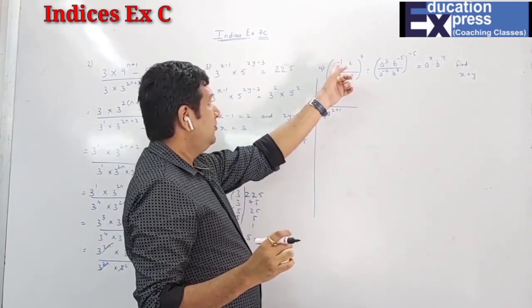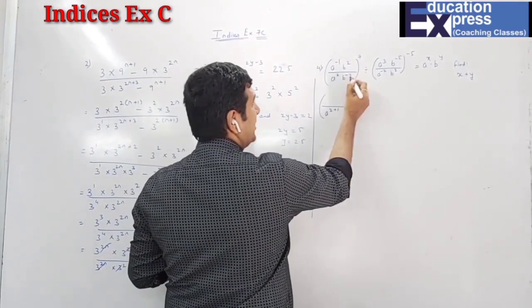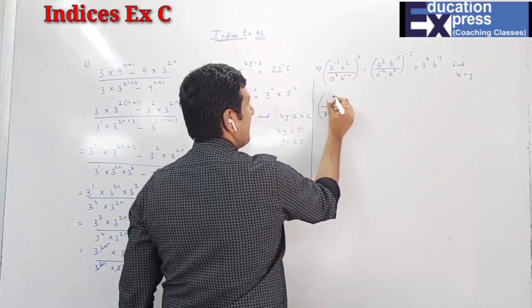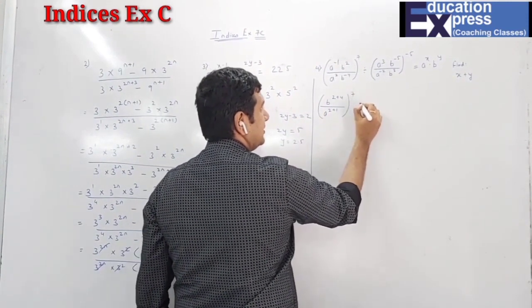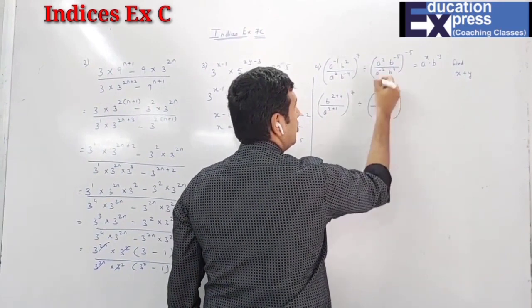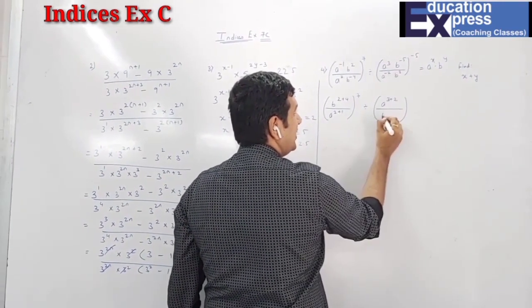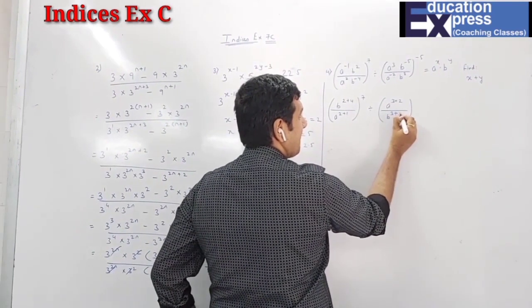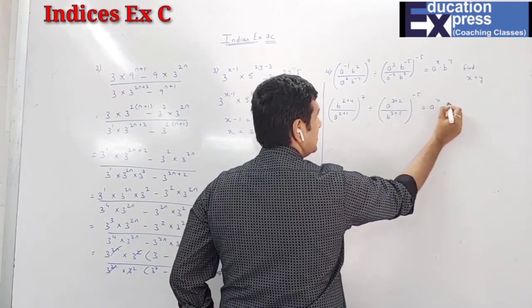So minus 1, when you get reciprocal will become plus 1, the 2 plus 1 is 3. And here minus 4 will go up and 2 plus 4 is 6 raised to 7. Divided by, again the same thing, minus 2 will go up and minus 5 will come down raised to minus 5 equals a raised to x and b raised to y.